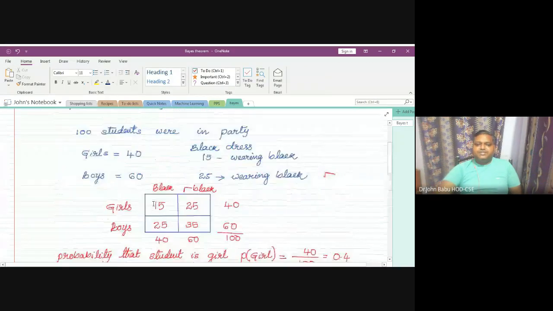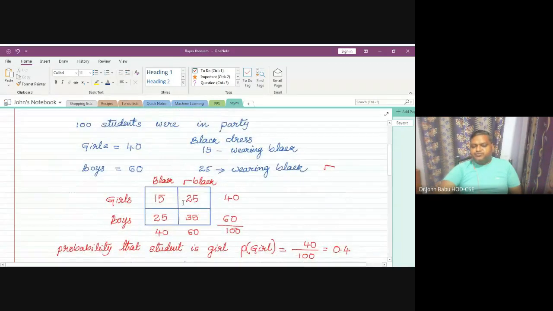Similarly like this, girls are 25 plus 15 plus 25, 40 girls. And boys are 25 plus 35, that is equal to 60. So totally together here 100 students.